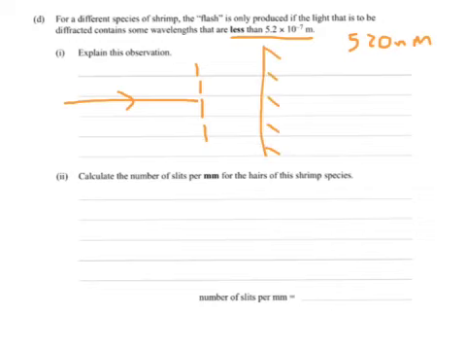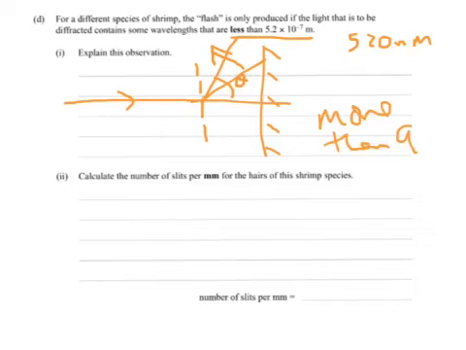Now, in this case, if the wavelength is too high, the diffraction would be more than 90 degrees. Remember, as you increase the wavelength, you are increasing the angle. This is the angle here at which it diffracts through. So it's diffracting more than 90 degrees, which is the difference between the screen and the incident ray.